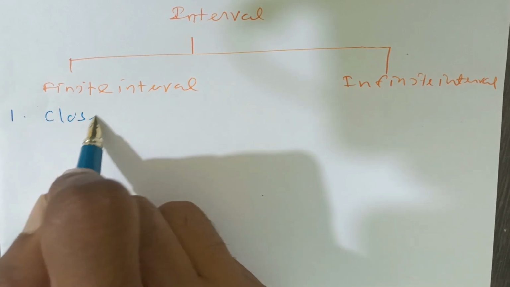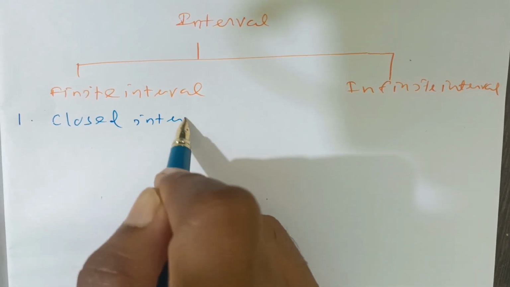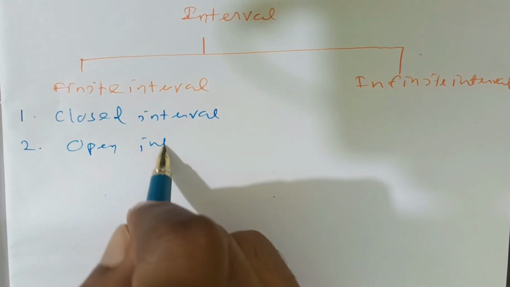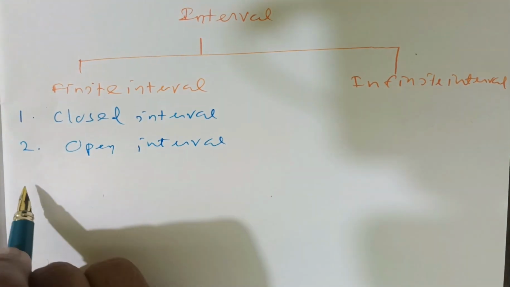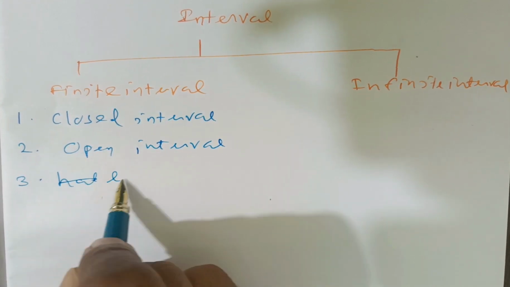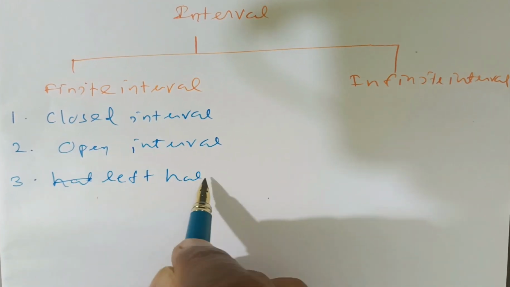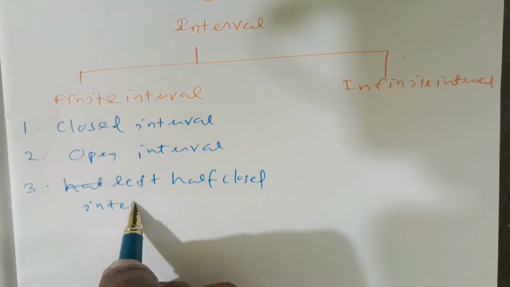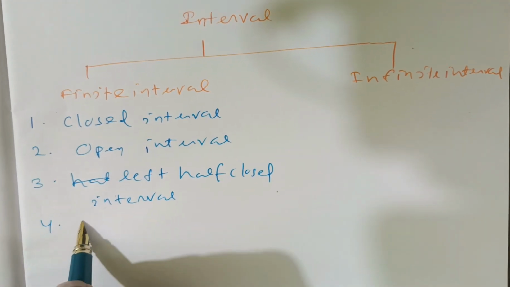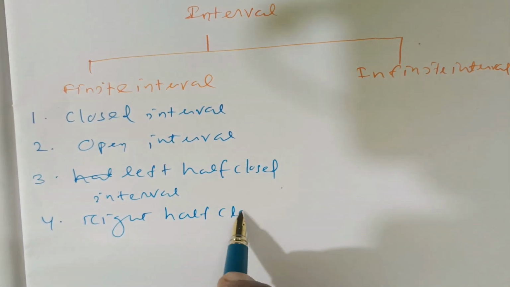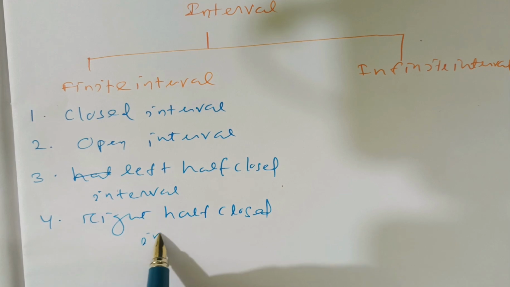One is closed interval, second one is open interval, third one is left half closed interval, fourth one is right half closed interval.